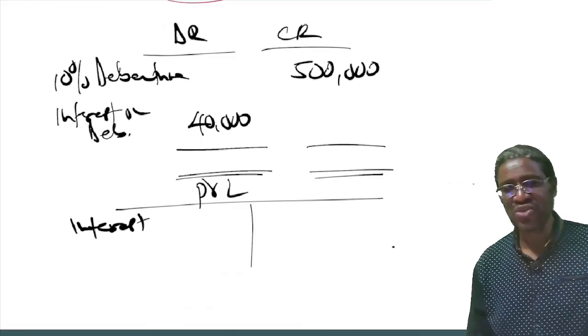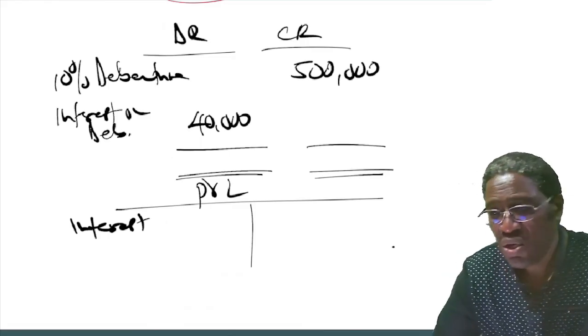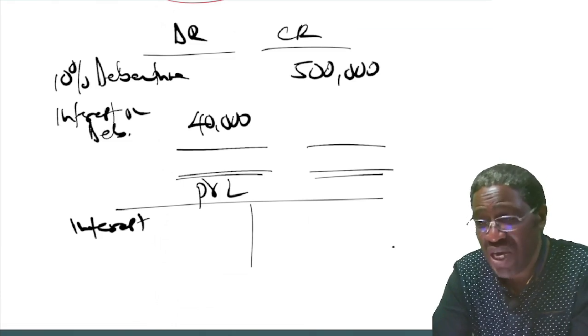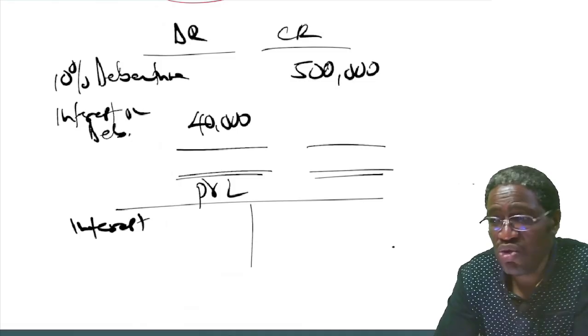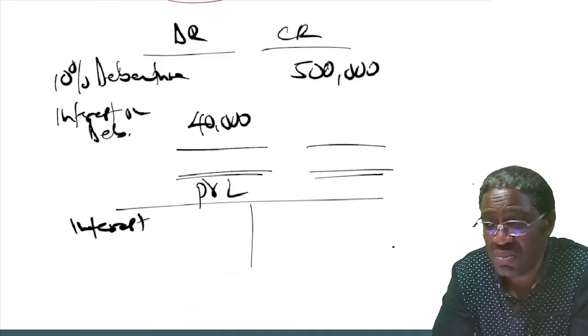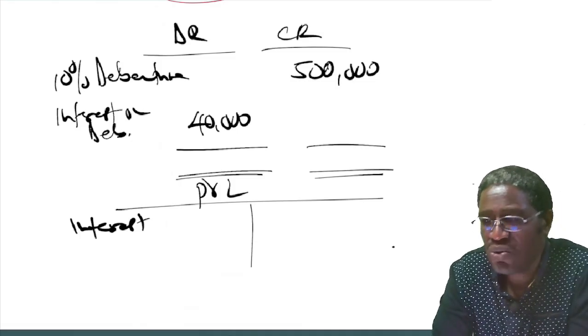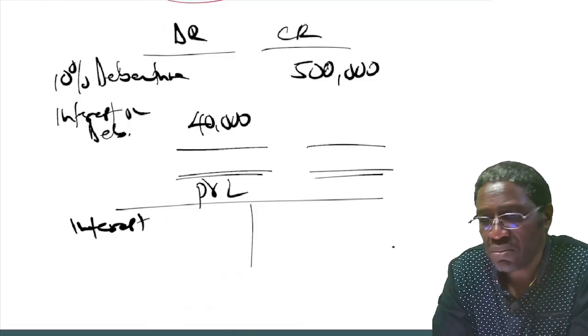Look at this illustration and give me what you think should be the charge for the year for interest. When you are preparing the income statement for this company, how much would you charge as interest?